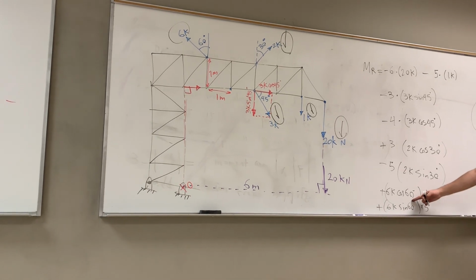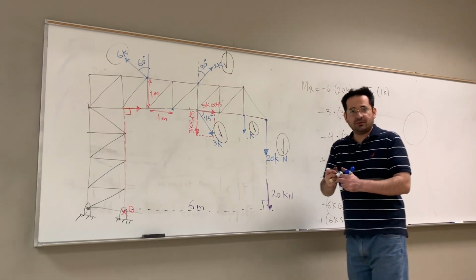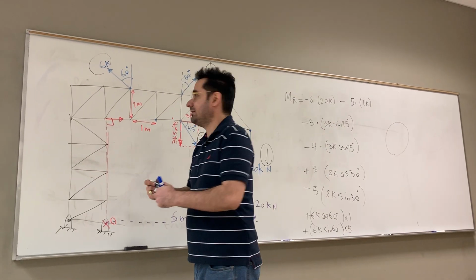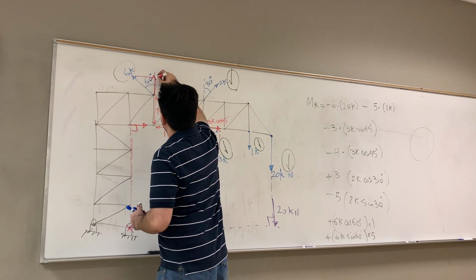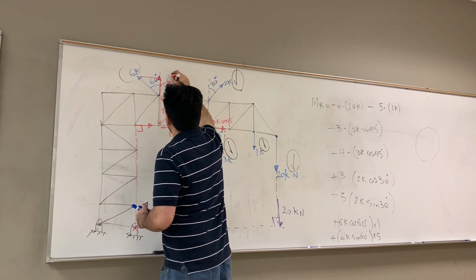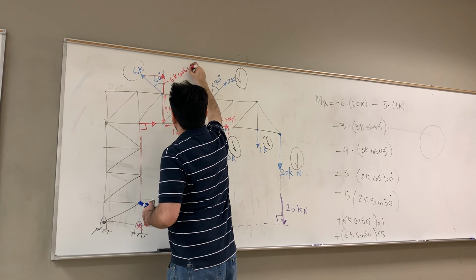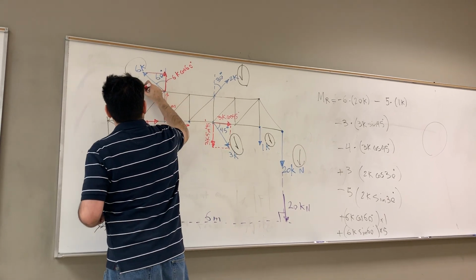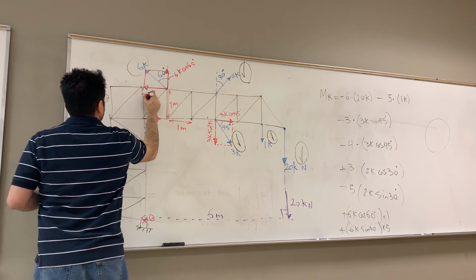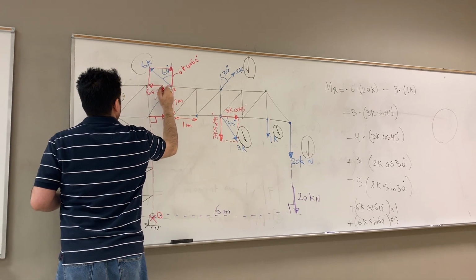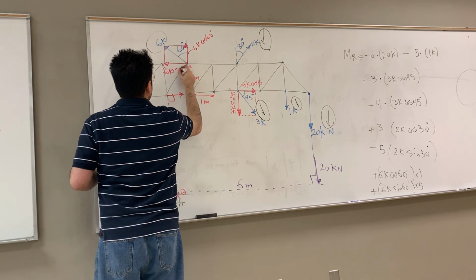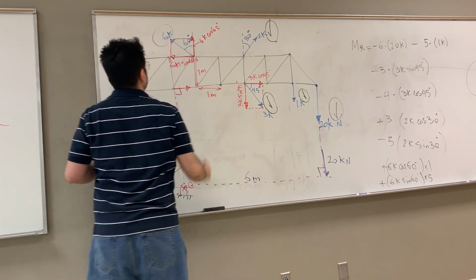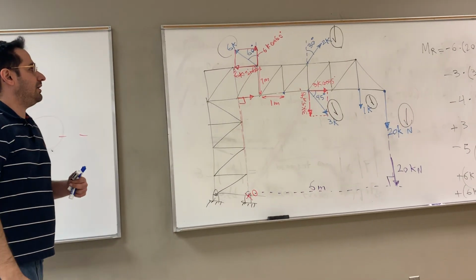So how did I do this? Again, decompose it. The first thing you do, you get this component, which is 6k cosine 60, and this component, which is 6k sine 60, right?